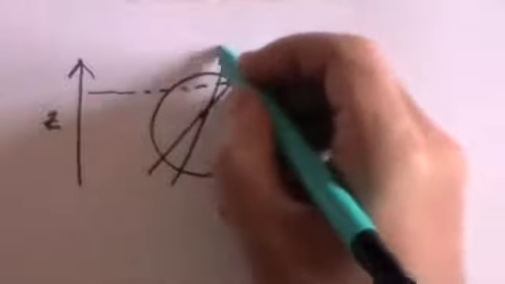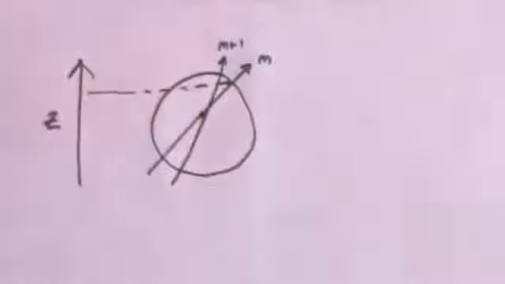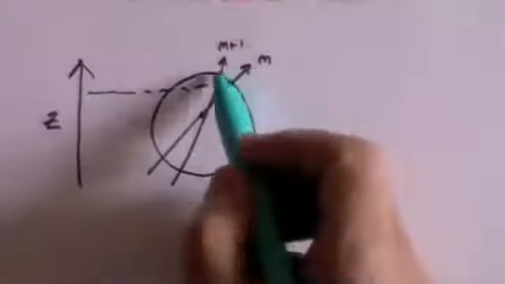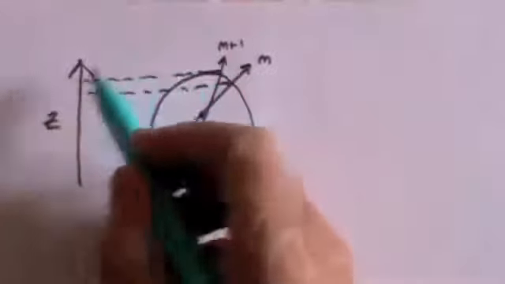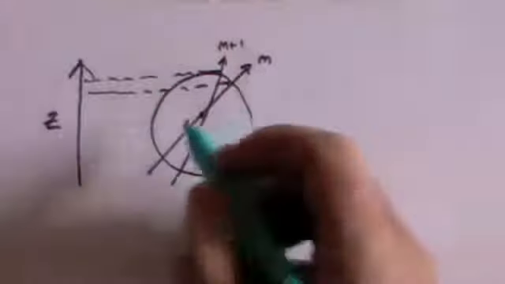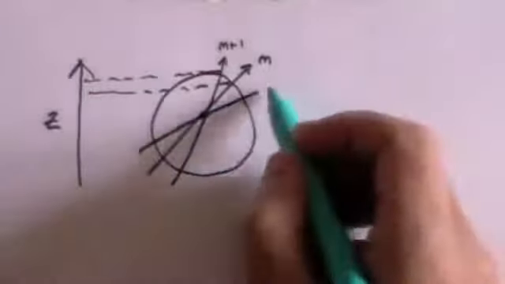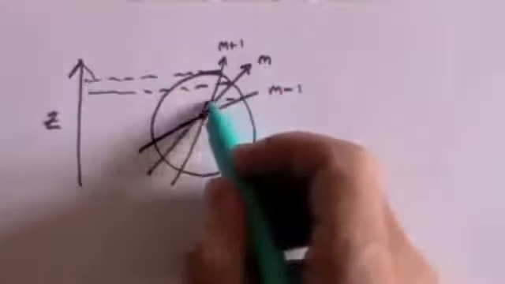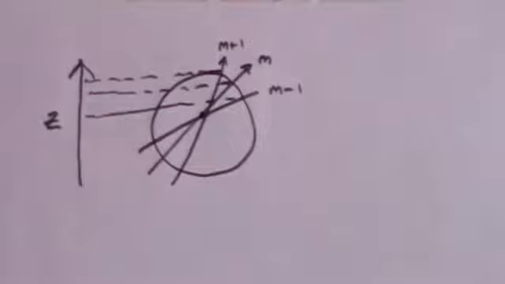You remember we said that it's quantized, which means the next notch up will be m plus 1, and you measure that along the z-axis. One down would be m minus 1, and you measure that along the z-axis. The point being that having measured the angular momentum along that z-axis, you can never know what is happening along the x and the y-axis.